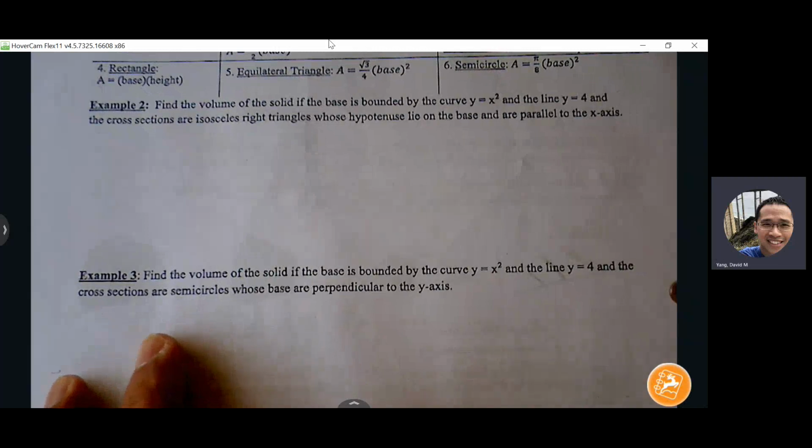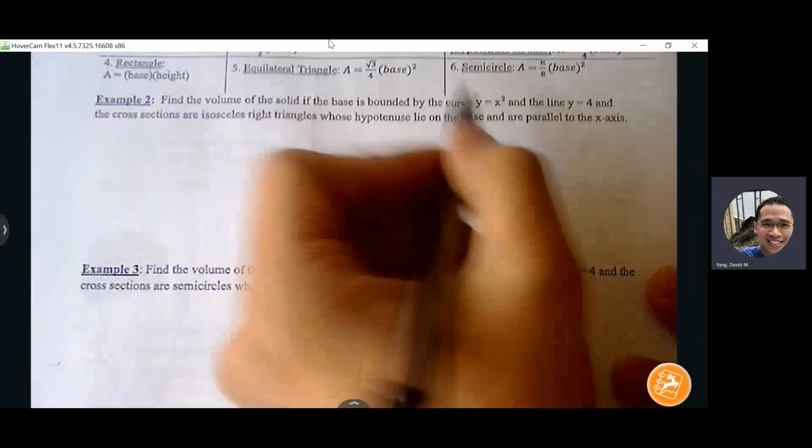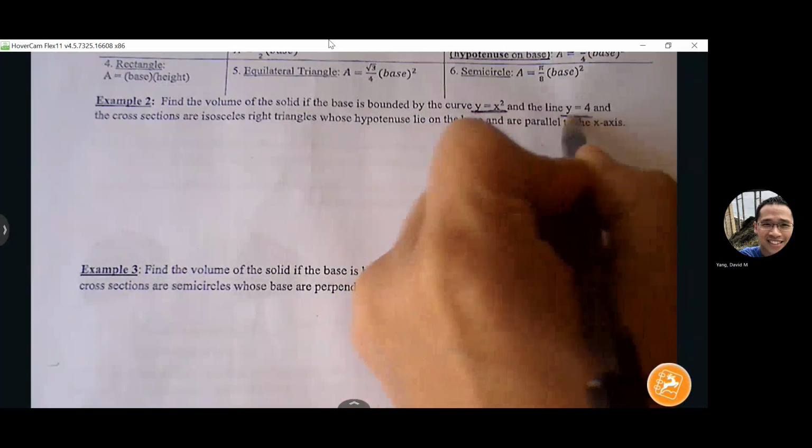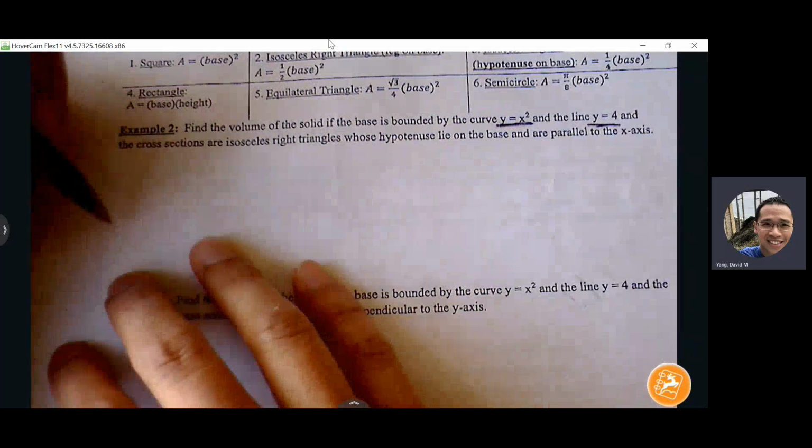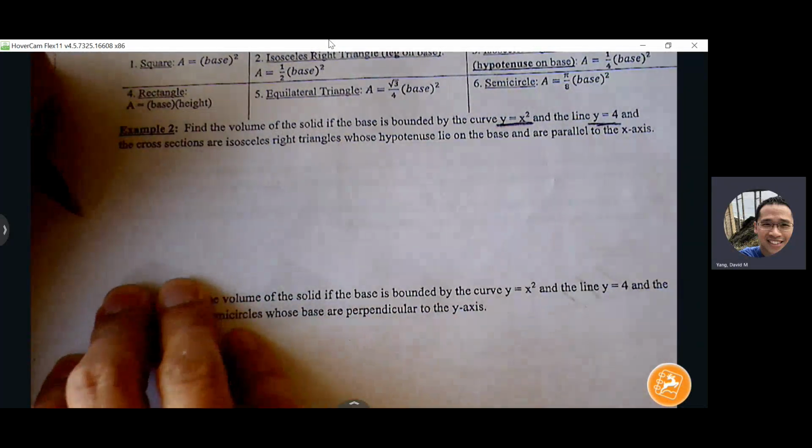Example 2, find the volume of the solid whose base is bounded by the curve y equals x squared and y equals 4. So let's go ahead and graph these two. You got a parabola and you have the horizontal line. So we're trying to get to our shaded region first.